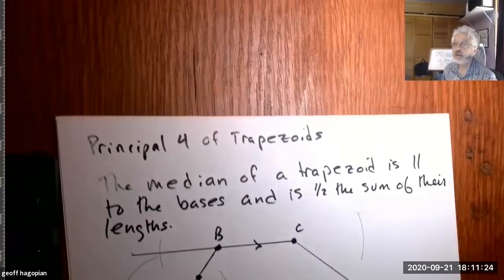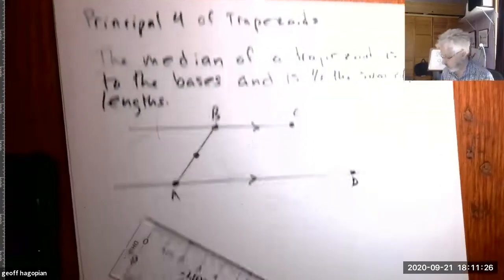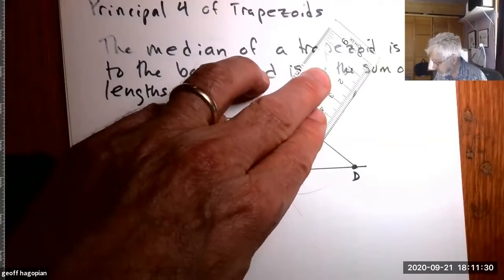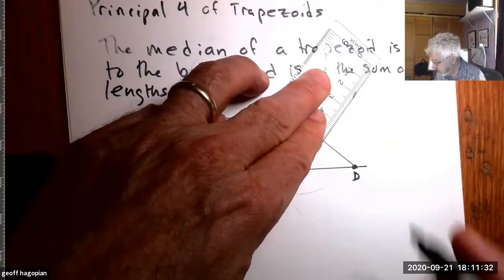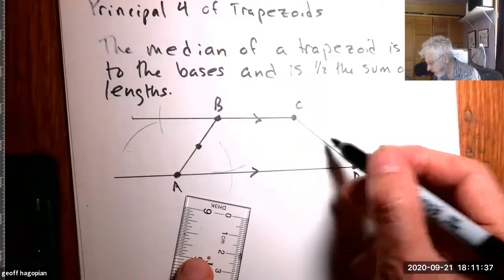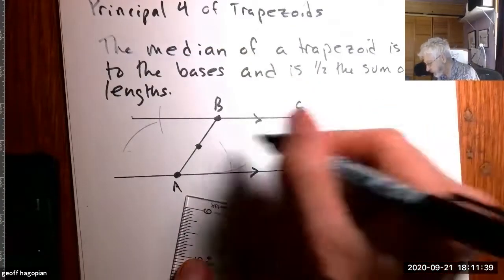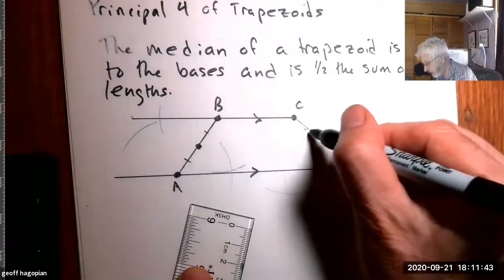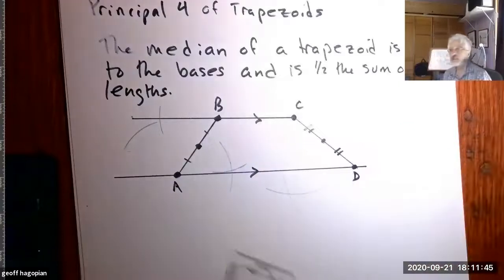Those are barely intersecting there, and so when I connect those points of intersection, I could draw the perpendicular bisector, but I'm really just interested in the midpoint, which is going to be right about there. So that means that this length is the same as that length, and this length is the same as that length, right?